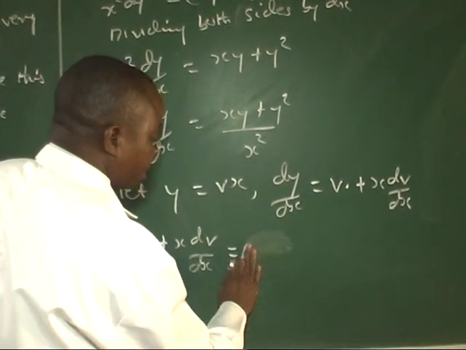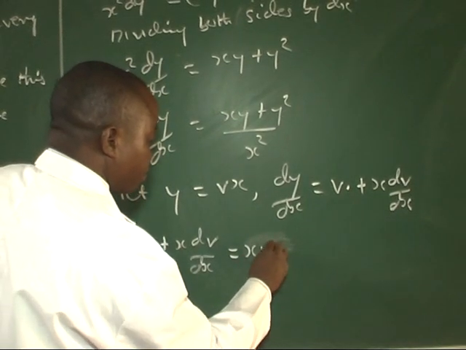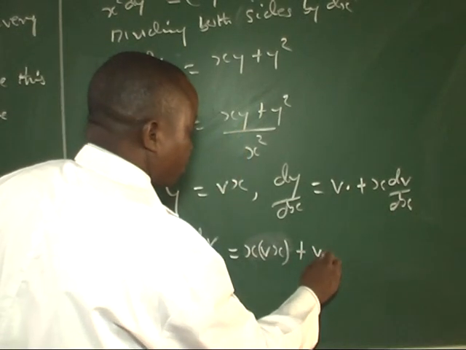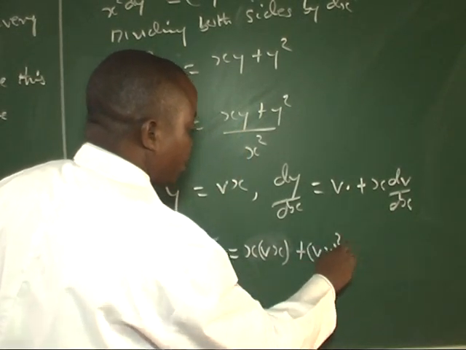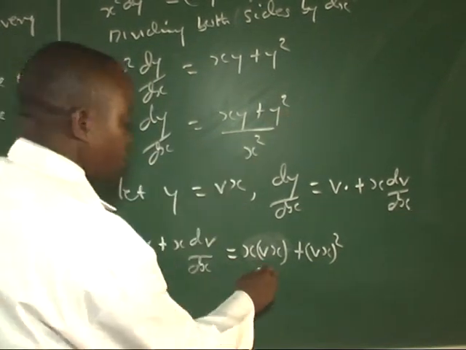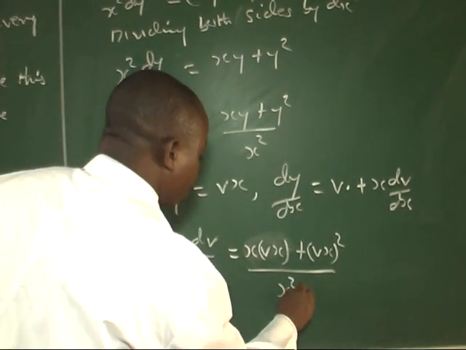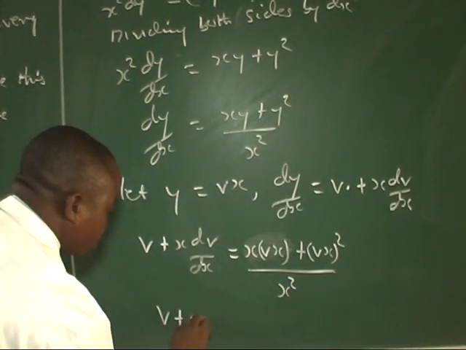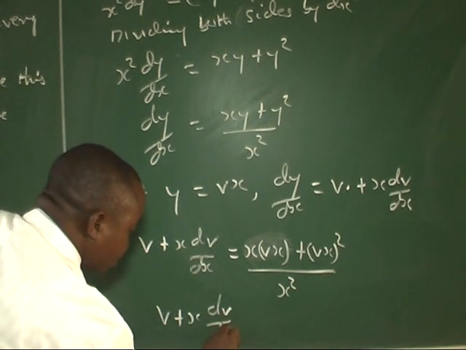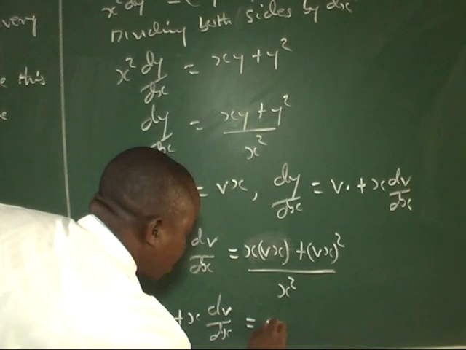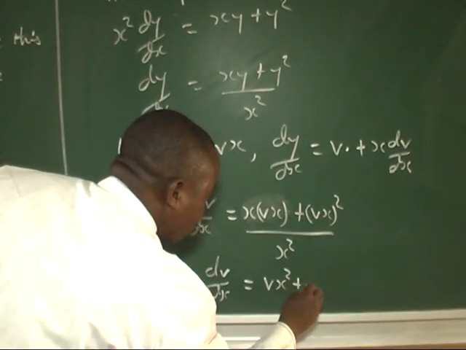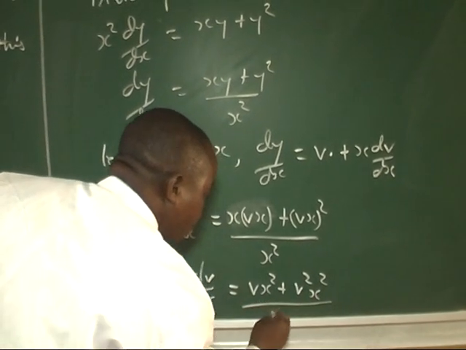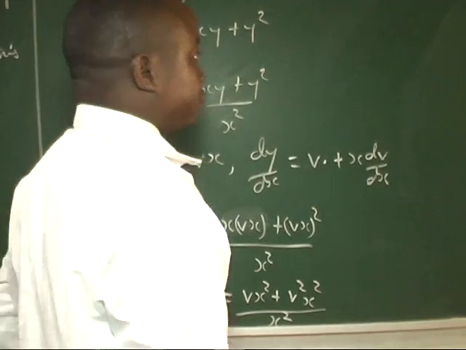Let me give it directly so that you see it clearly: vx in the place of y, plus (vx) squared, because this one carries a square, all over x squared, which will further give us v + x dv/dx equal to (vx² + v²x²) all over x².